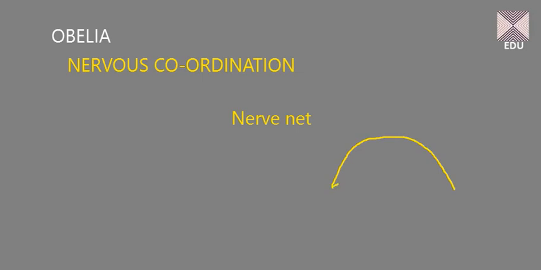So here on the circular rim, these are 2 in number. So the nerve cells are specially concentrated along this margin of the bell to form 2 circular nerve rings. So here we have got the circular canal, and around this canal we have got the circular nerve rings. So these are 2 in number. So these are present on this particular rim.